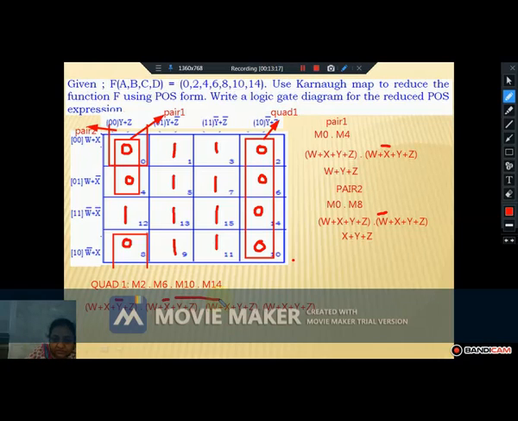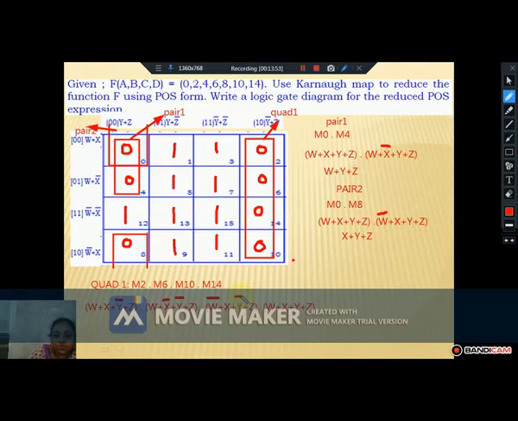Similarly we have M10. M10 is W bar, look at M10, W bar plus X is there, that is W bar plus X, and then Y bar plus Z. Next M14.